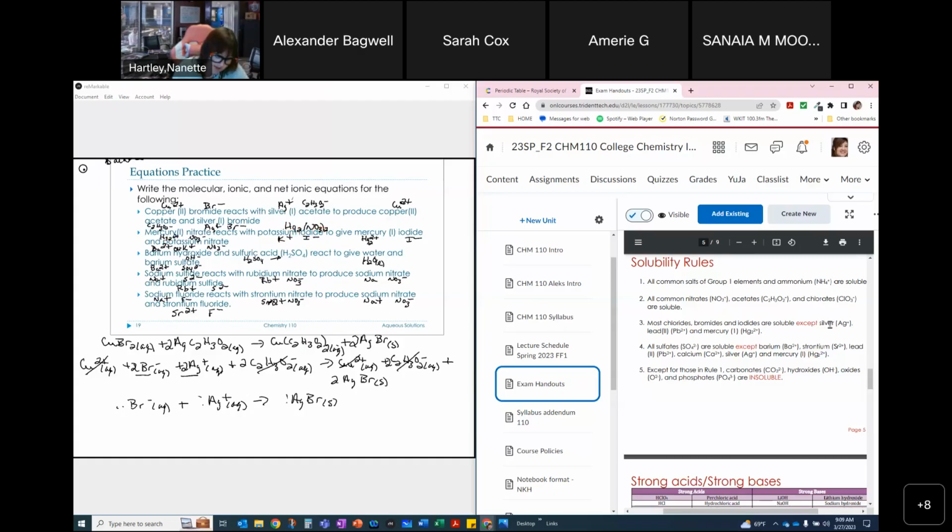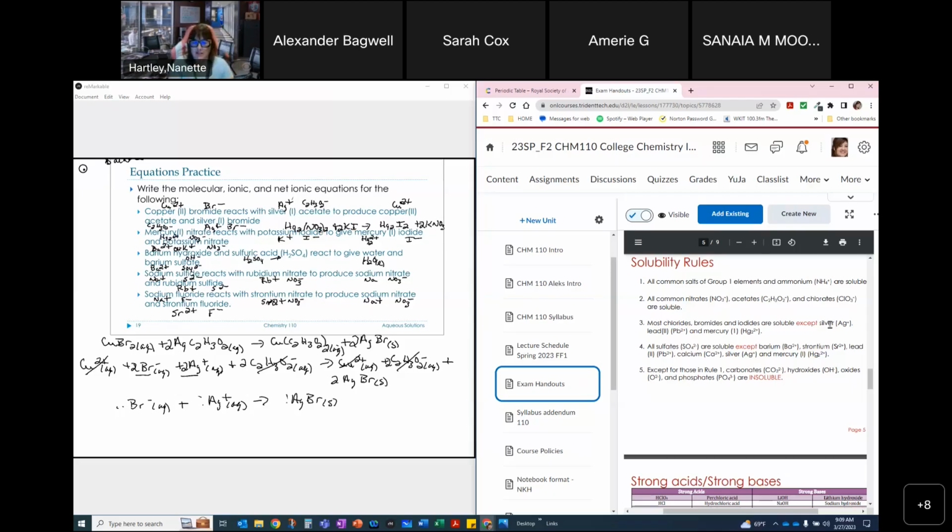Okay, that reacts with potassium iodide, and that's going to give me a mercury 1 iodide, Hg2I2, plus KNO3. And of course, since I have 2 I's there, I need to have 2 I's there. And that means that I need to have 2 there because I need to have the 2 NO3s to balance the 2 that are over here and the 2K.